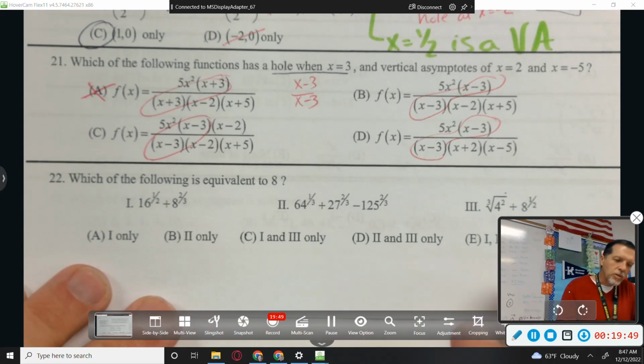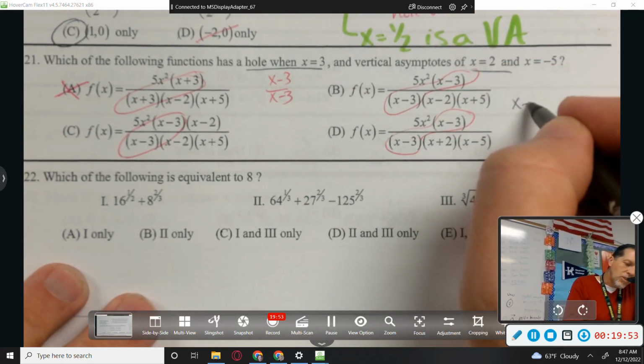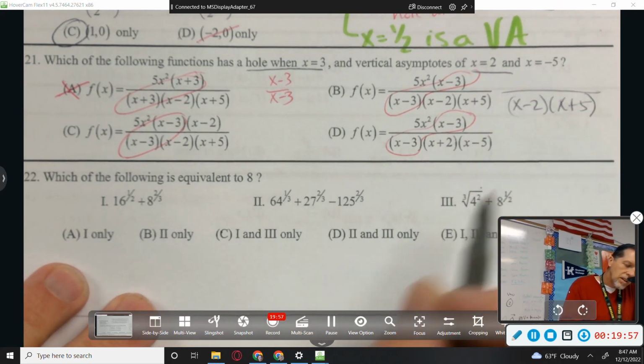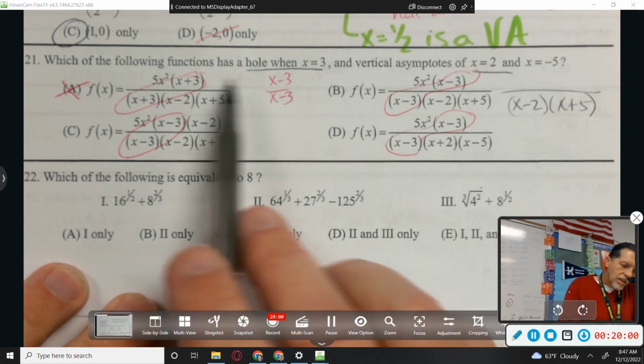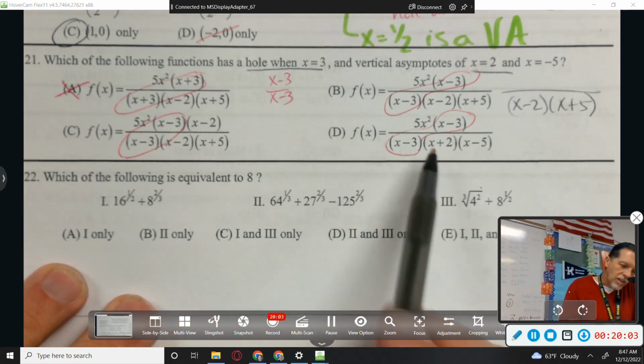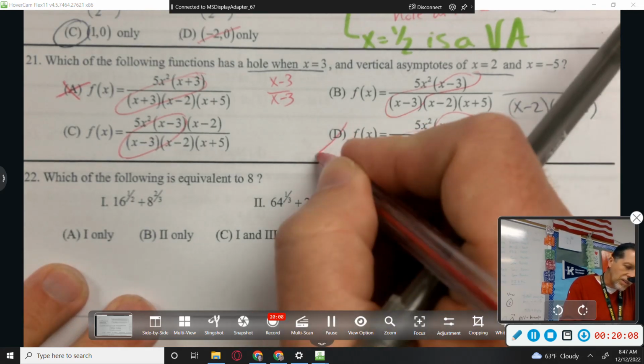Vertical asymptotes, we were just talking about that. So x minus 2 and x plus 5 in the bottom. So I need x minus 2 and x plus 5. D's got them backwards there. D's out.